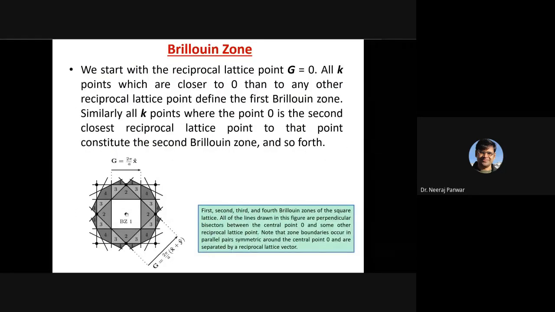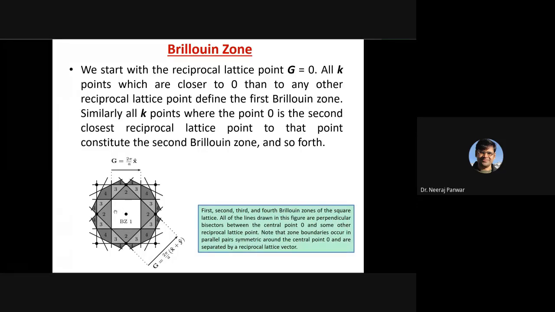If we connect this point to this point in reciprocal space and draw the perpendicular bisector, then this will form the zone boundary of the first Brillouin zone. Similarly, if there is a point present on the perpendicular bisector to the right of this origin, then there will necessarily be points present on this side also.